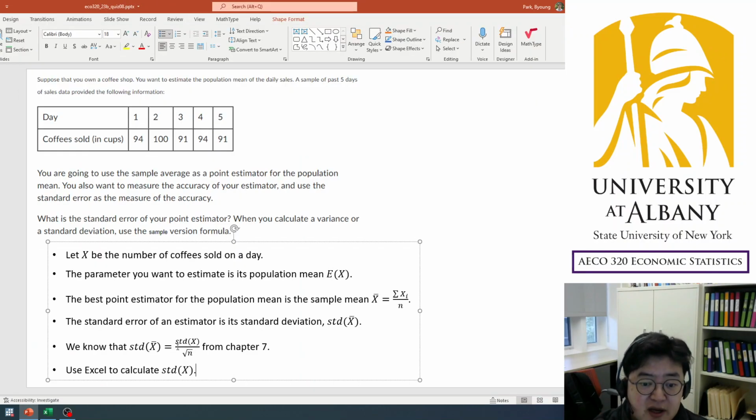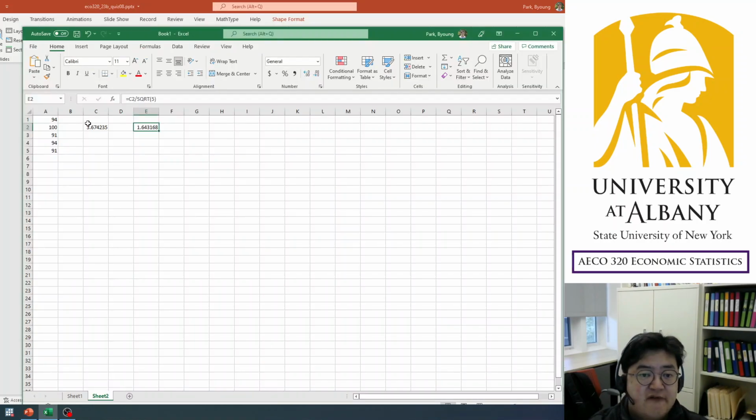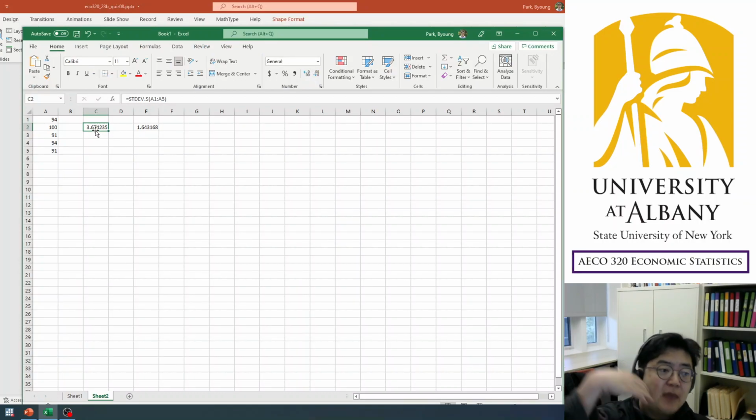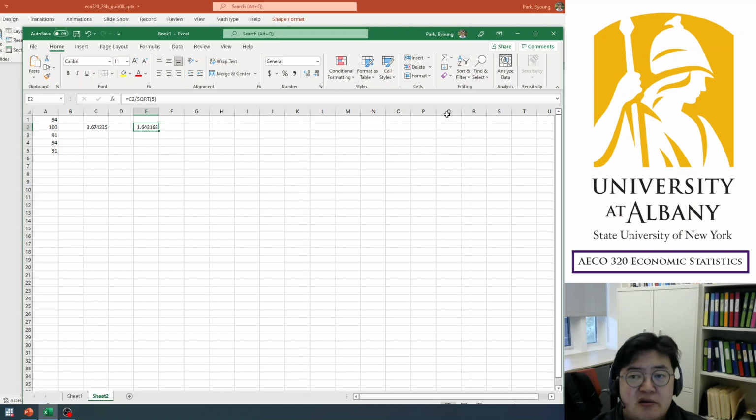We are dividing by the square root of n again, but in this case, it's always n. So these two denominators are from different things. The first denominator, square root of n-1, is from the estimation of standard deviation, but the second one is from the sampling distribution theory. So they are different.